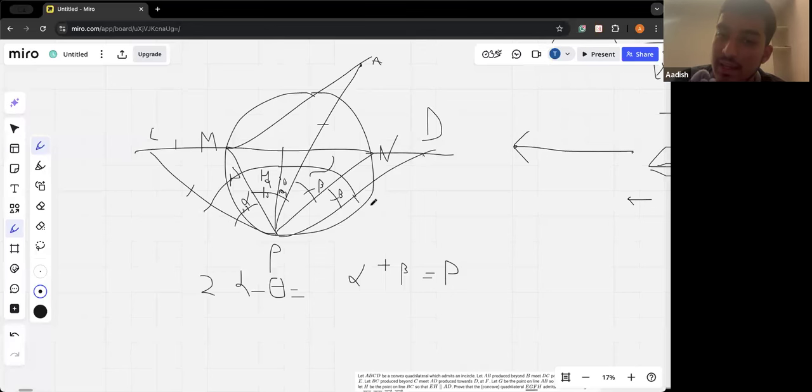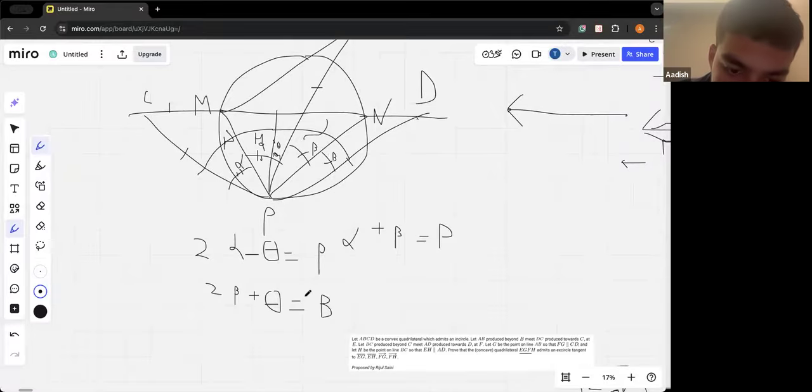And the CPD angle is 2P. So this should be P. Right. 2 alpha minus theta is P. And 2 beta plus theta is P. Right. And what will theta be? Theta equals alpha minus beta.